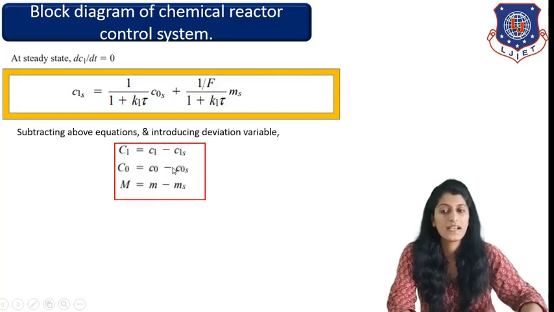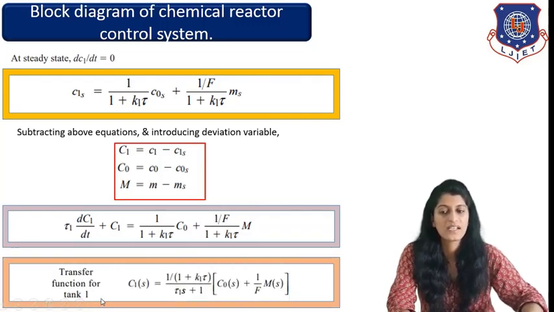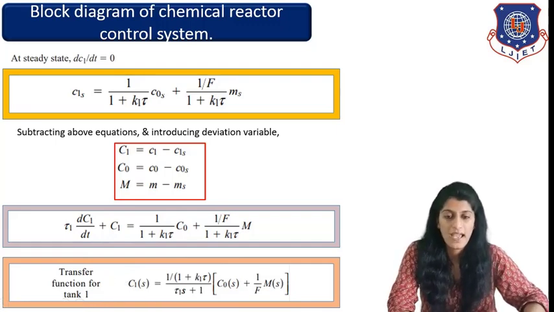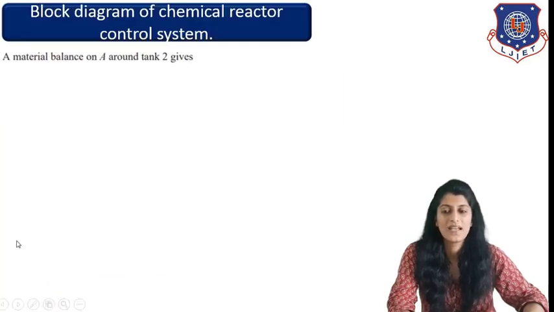So, just introduce deviation variables, you will be getting these particular terms, and after taking the transform we will be getting C1 of S equals 1 upon 1 plus K1 tau upon tau 1S into C0S plus 1 upon F M of S, right. So this is basically the equation for tank number 1.